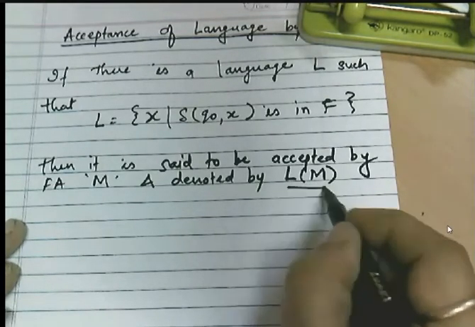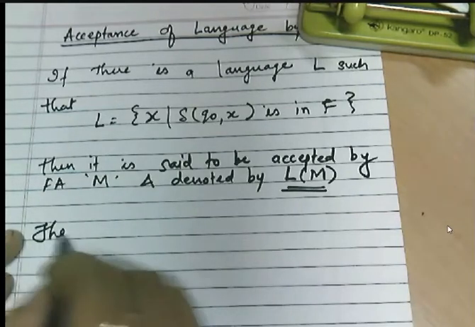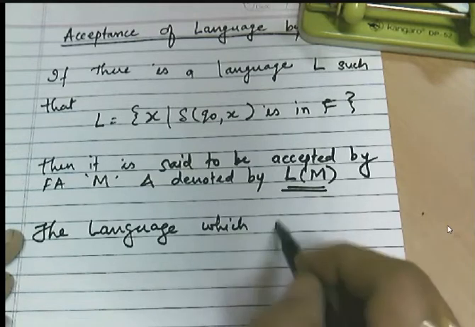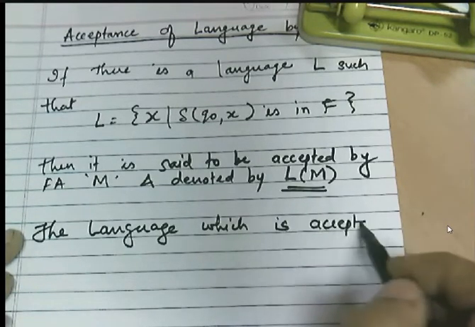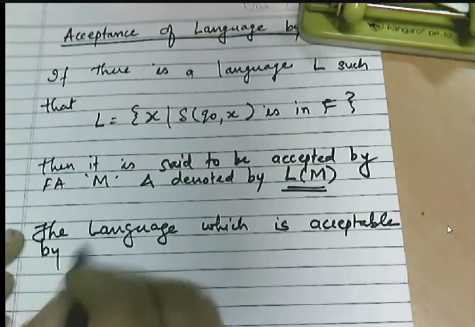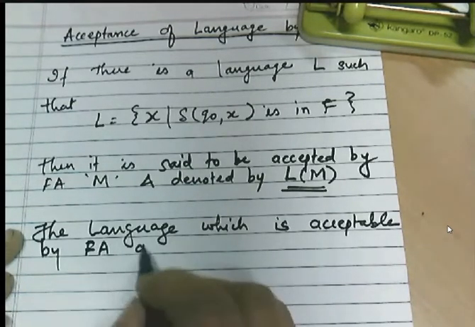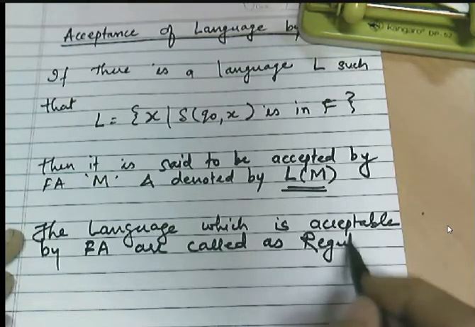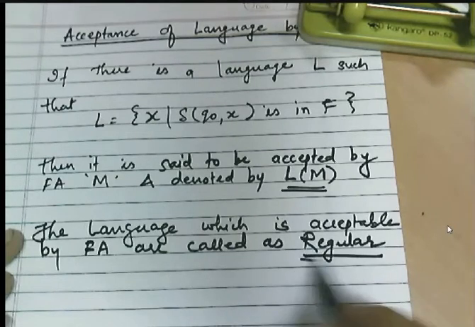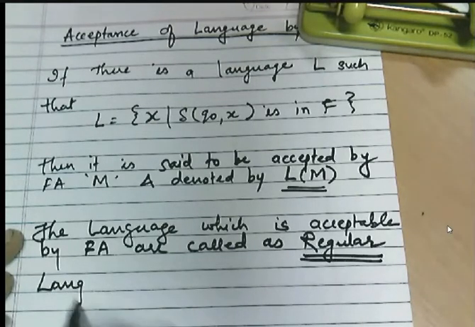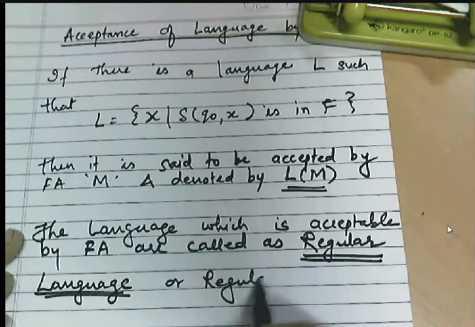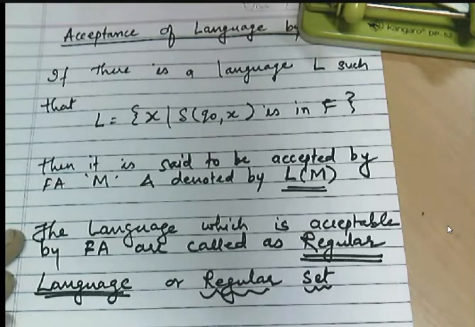Now the languages which are acceptable by FA are called regular languages or regular sets. Clear?